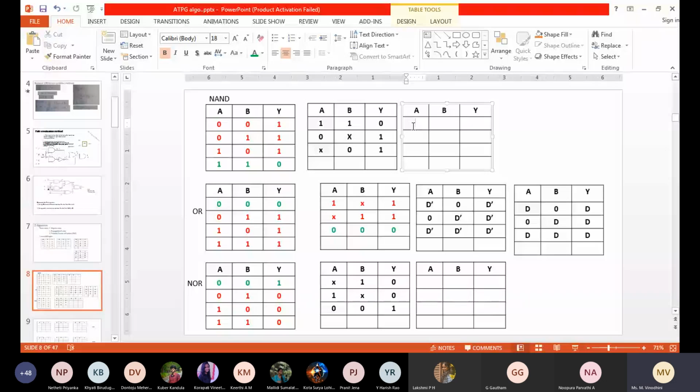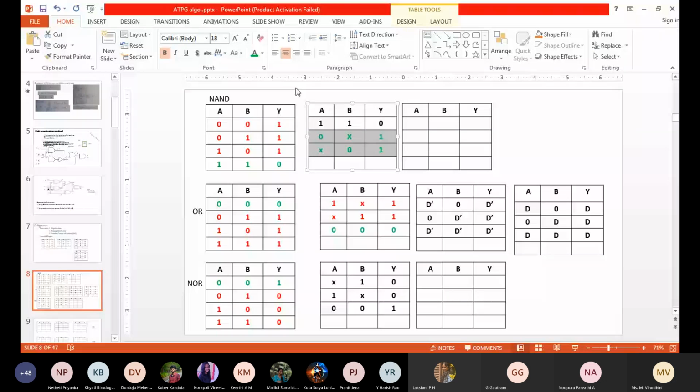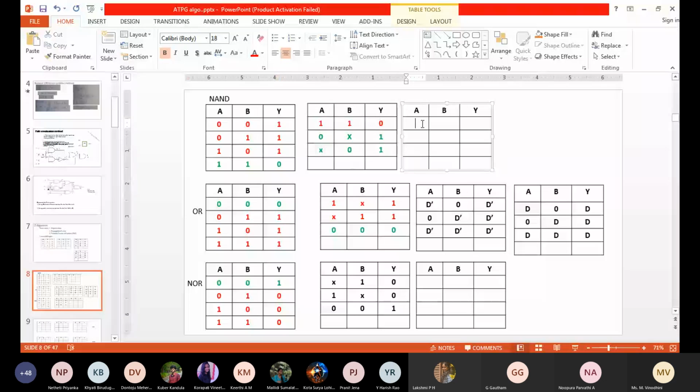So this I can divide into two groups. This is one group and this is the other group. This is the single one. Compare the first one with the second, compare the first one with the third.